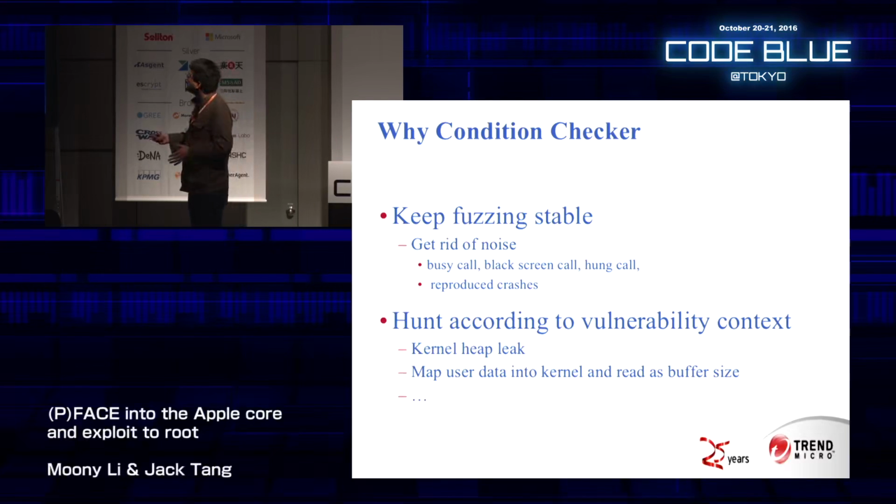For example, our passive fuzzing framework could interfere with normal activities when you are using your OSX machine. It could cause a black screen while the kernel is still active. It could harm your kernel without crashing. And also, we will bypass the crashes we have already reproduced.